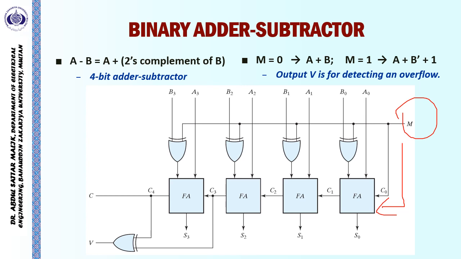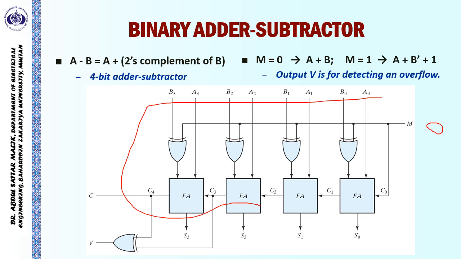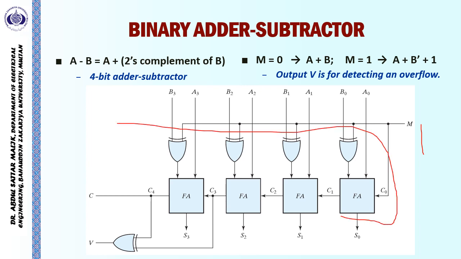The complementing of all the bits of B and adding 1 to the least significant side is taking the 2's complement of number B. Thus, when M is equal to 0, the numbers A and B are being added by this circuit. When M is equal to 1, the 2's complement of B is being added to A, and that means that this circuit is performing the subtraction.